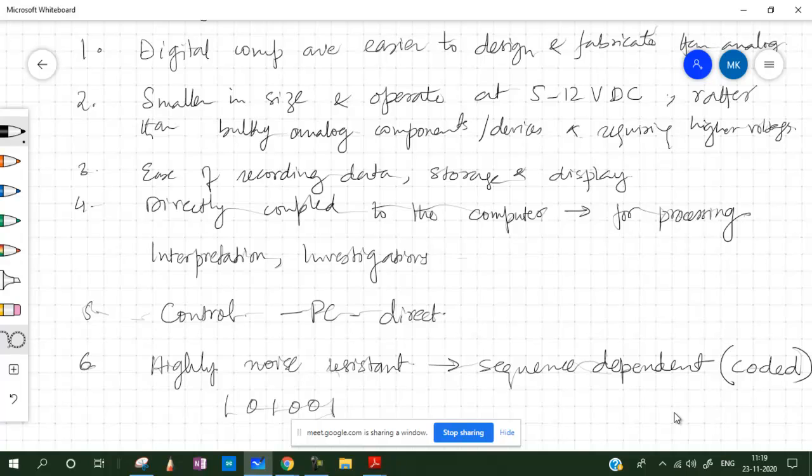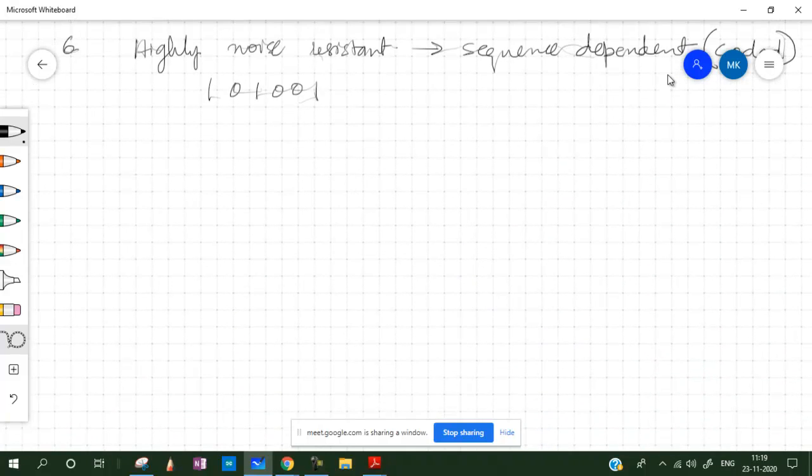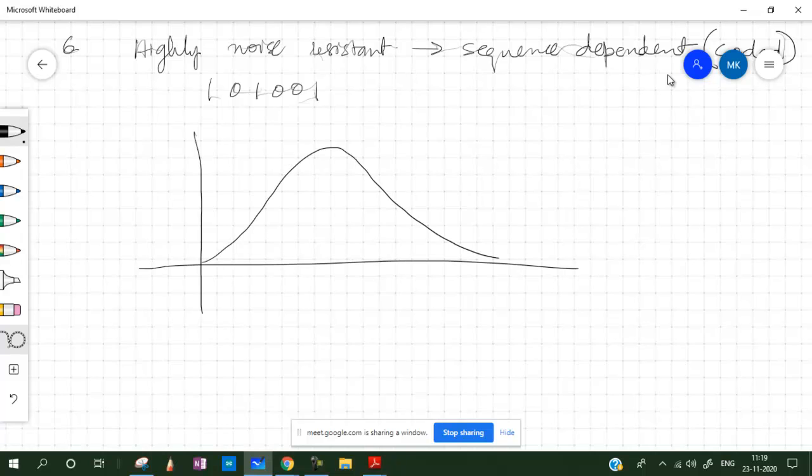And most of the sensors are actually analog output based sensors. We have very few sensors which are completely digital in nature in terms of the output. So a typical example, suppose we have a signal like this. This is how an analog signal looks, with voltage and time on the x coordinate.